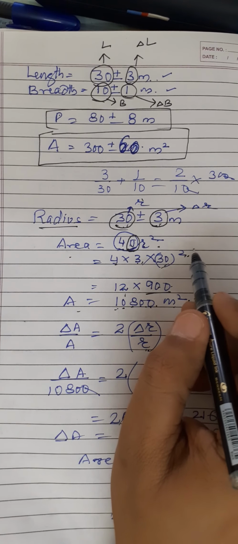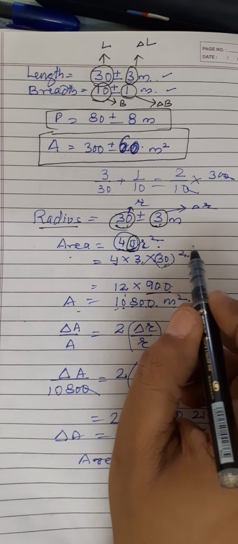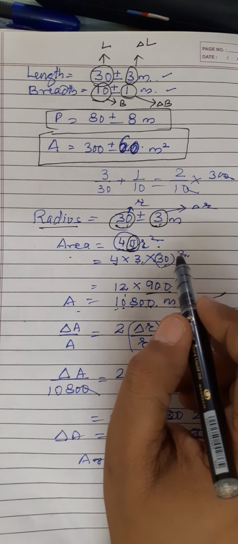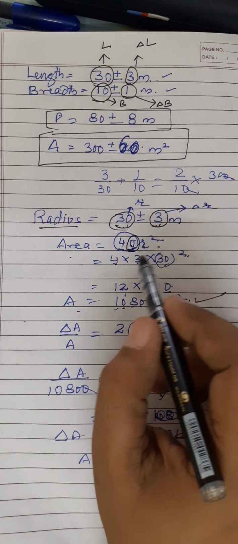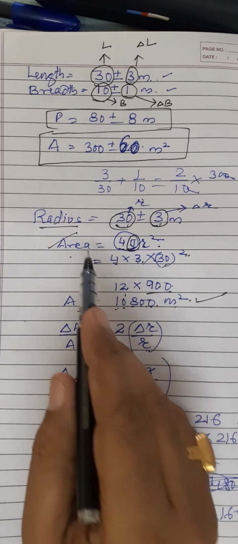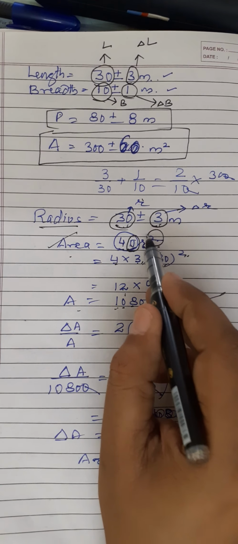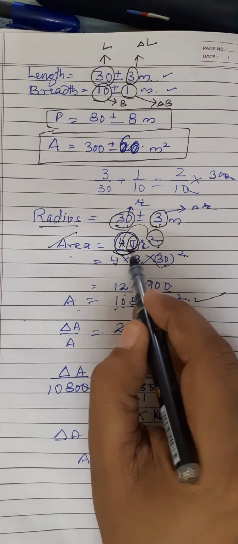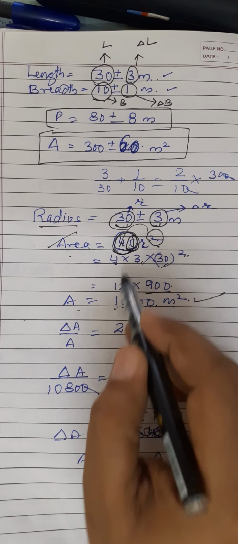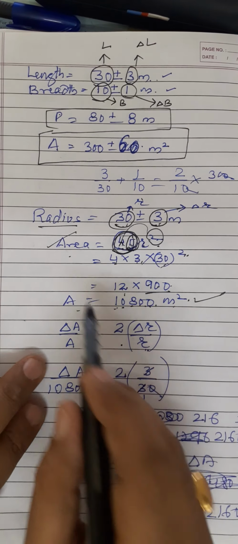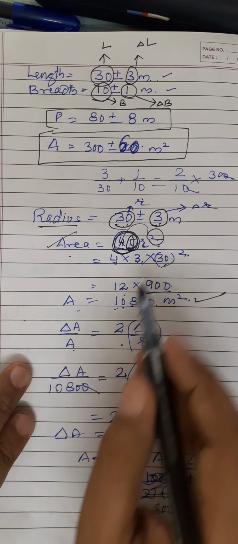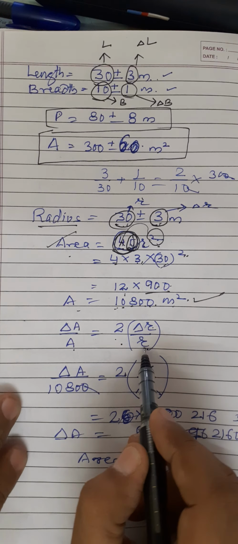Now applying the fifth formula of errors, that is z is equal to x raised to power n, to this expression of area, delta z by z is equal to n times delta x by x. This power will come in front and these constants won't remain in the error formula. So you're left with delta A by A is equal to 2 delta r by r.